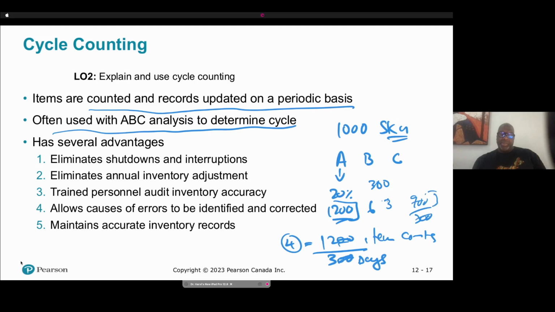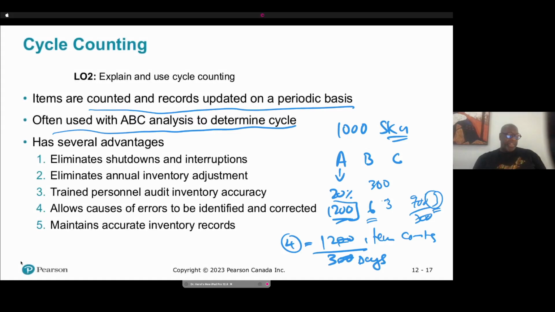So in that case, we would count 3 of them per day. If we keep repeating that, the B items would be counted 3 times per year, compared to A items at 6 times per year. And for C items, you might say you only want to count them once per year.